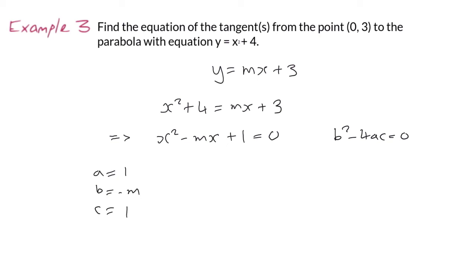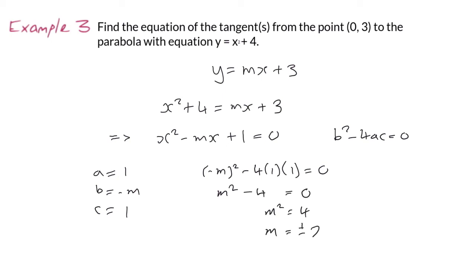So we're going to have negative m all squared minus 4 times 1 must equal 0, which gives me m squared equals 4, and m must equal plus or minus 2.